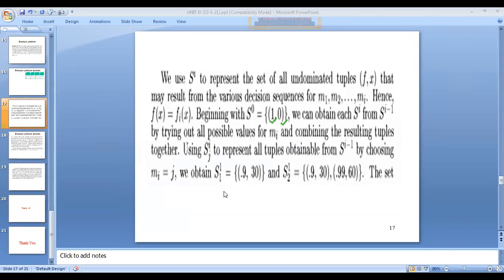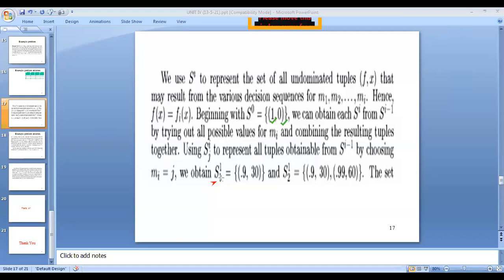So what is S_1^1? The superscript 1 indicates the device, and the subscript under the S indicates the copy, that is, how many copies we need to consider.